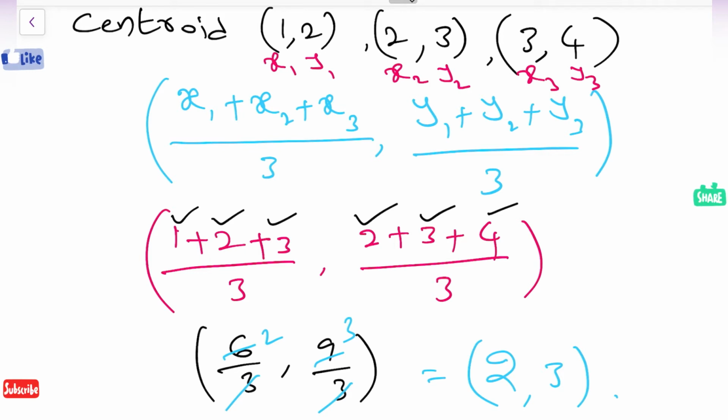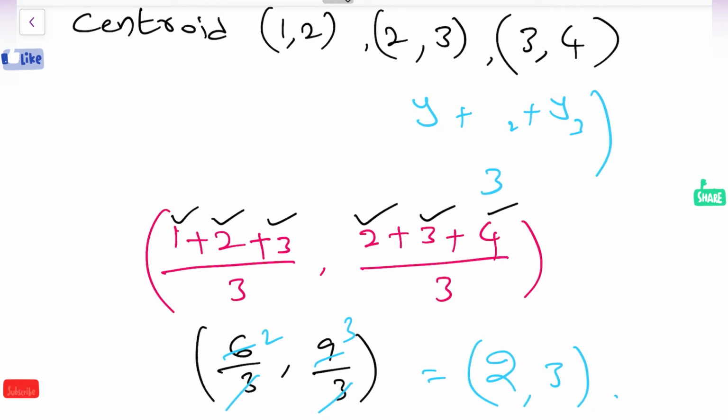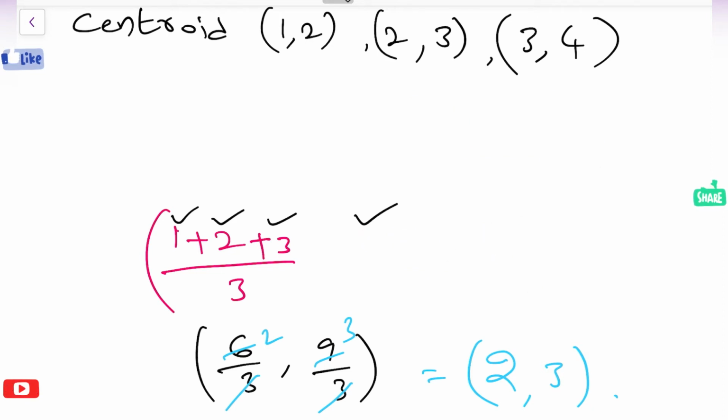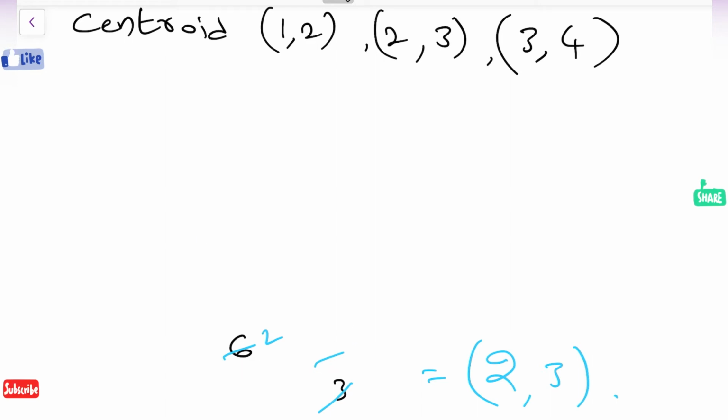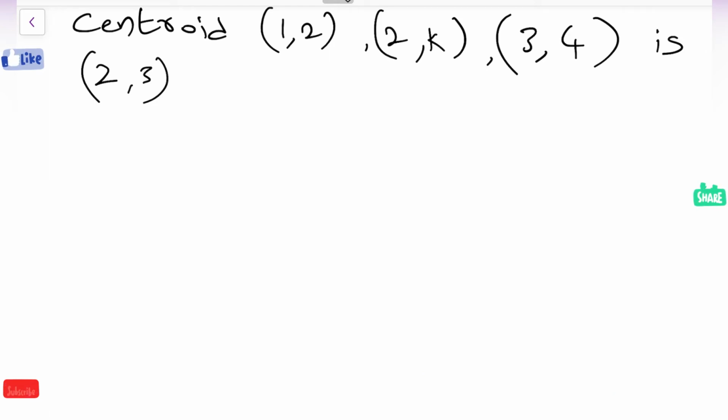Now the same question in reverse. Okay, now the question is, if the centroid of 1 comma 2, 2 comma k, 3 comma 4 is 2 comma 3, then find the k value.